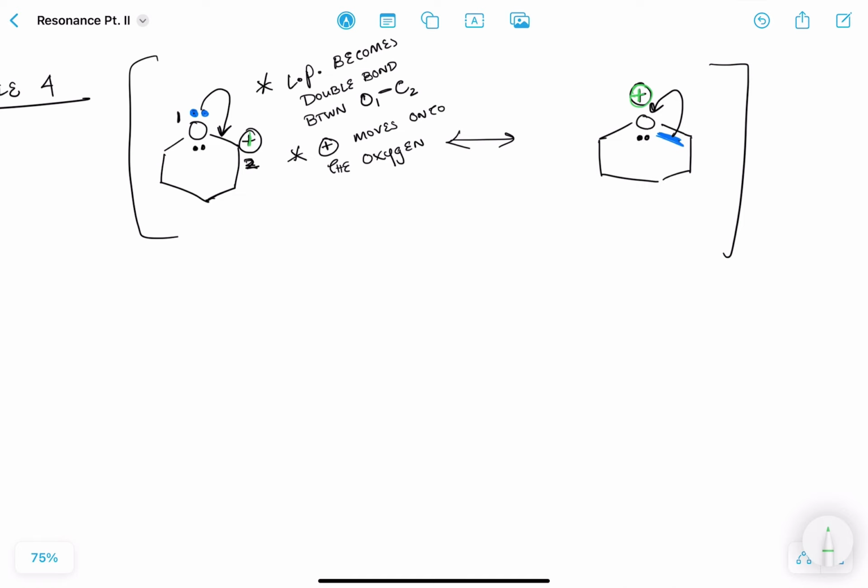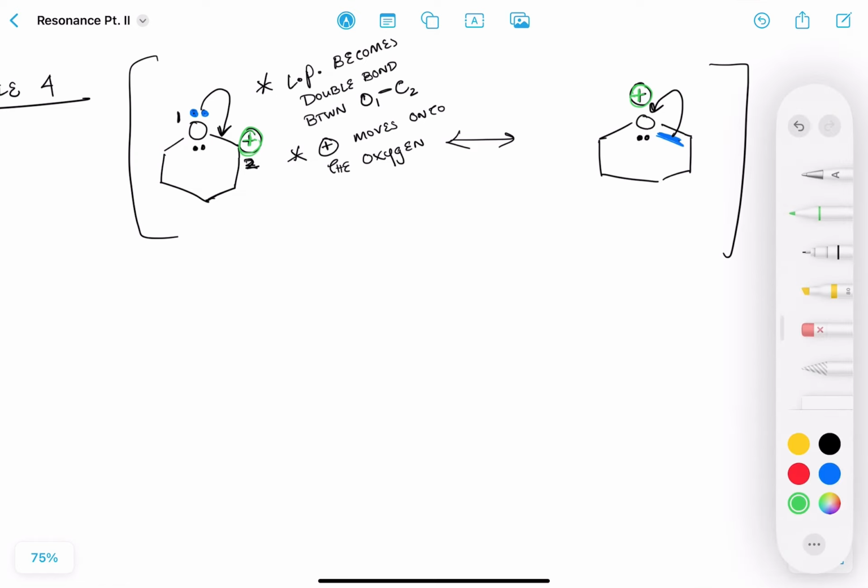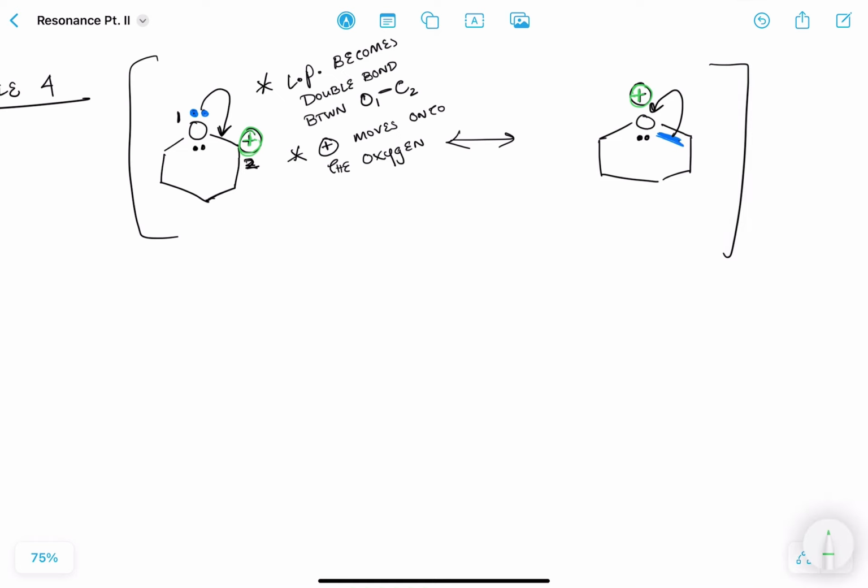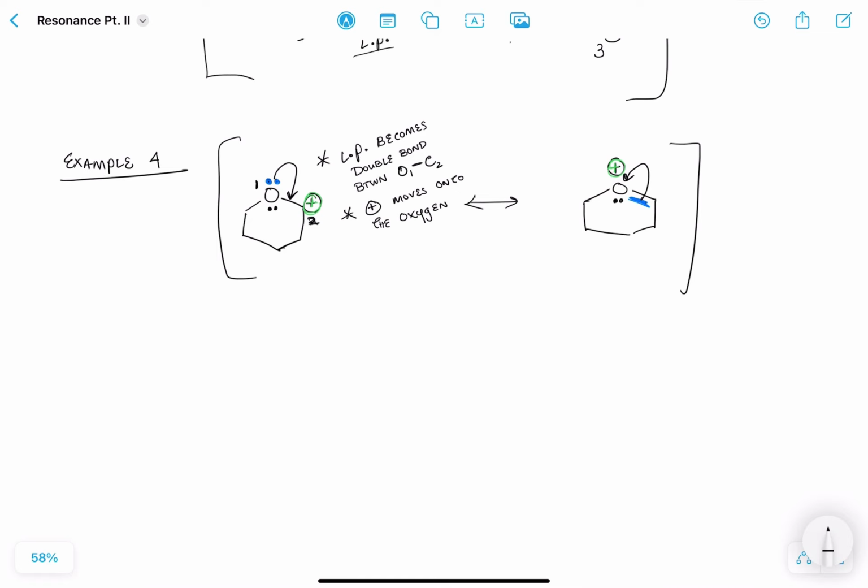Positive charge was here, and it moved here, and then we go back and forth between these structures. Again, that's not technically correct because both these structures exist at the same time. But what we're showing is that the arrow pushing of the electrons is moving the electrons all around at the same time, and so we end up getting a structure that is actually both of those at the same time, which we show with the resonance hybrid structure.